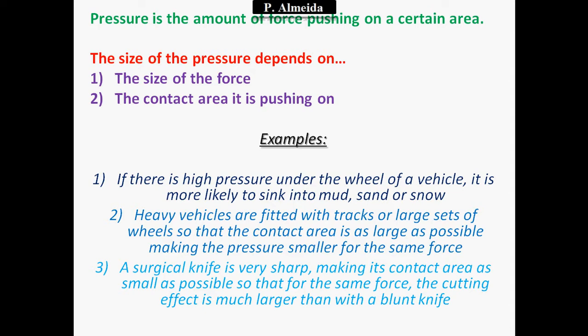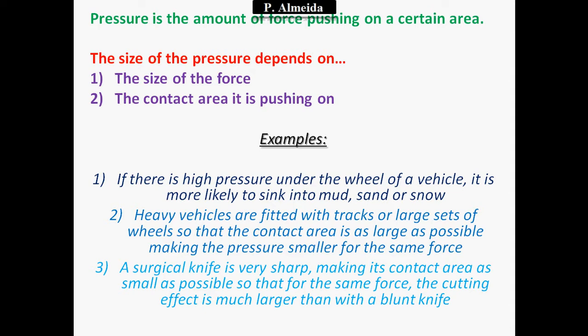So imagine that I have, for example, the train. If there is high pressure under the wheels of the trains, then it is more likely that the train is going to sink on the surface where it is. Of course, the train is not going to be in mud, sand, or snow, but this could happen to a car. But this is why I have train tracks, where the tracks and the sets of wheels are going to do what?